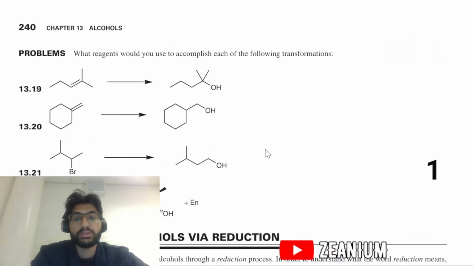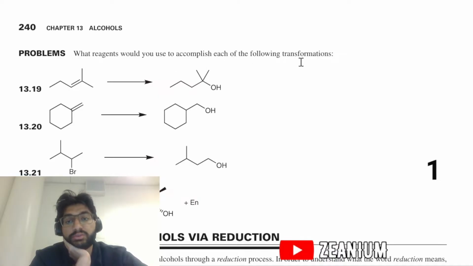What reagents would you use to accomplish each of the following transformations? I will use SN1 and water for that, since it's going to be a tertiary alcohol. I will use hydroboration for this one.